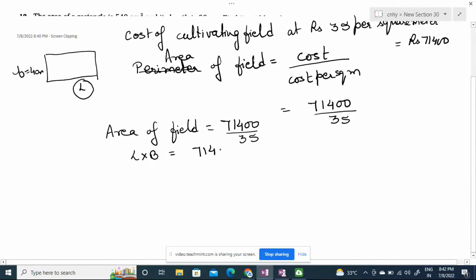So length L is equal to 71400 over 35, and then we transpose it, 40 goes into the denominator.